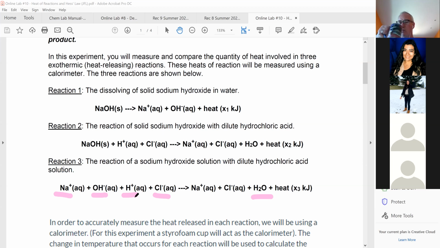The first one? What about the first one? Are you just answering the question, which one has two different reactions happening? One of the reactions has actually two separate reactions.